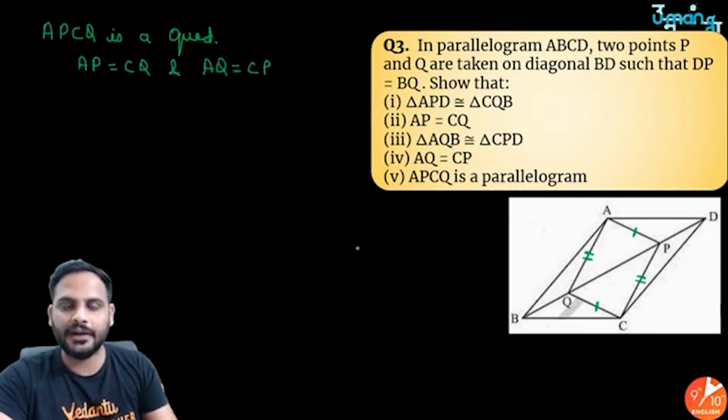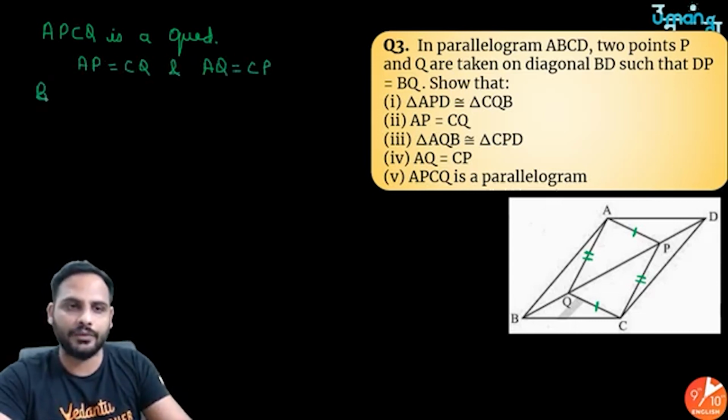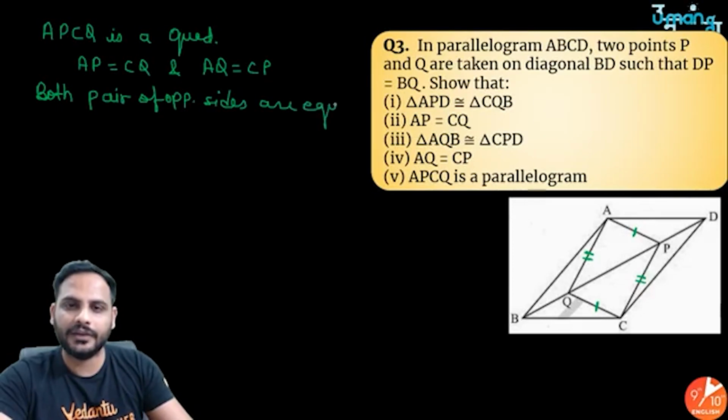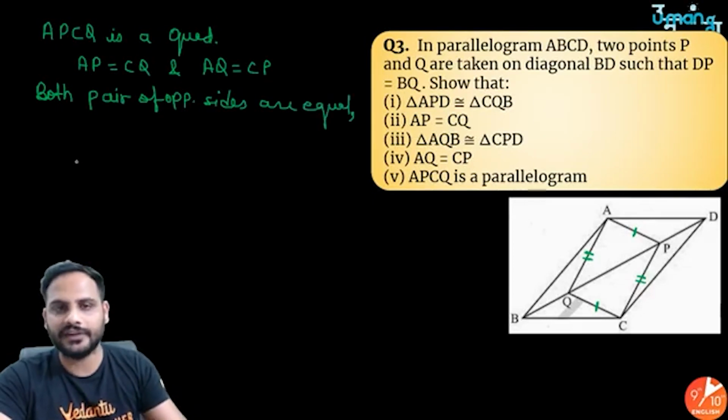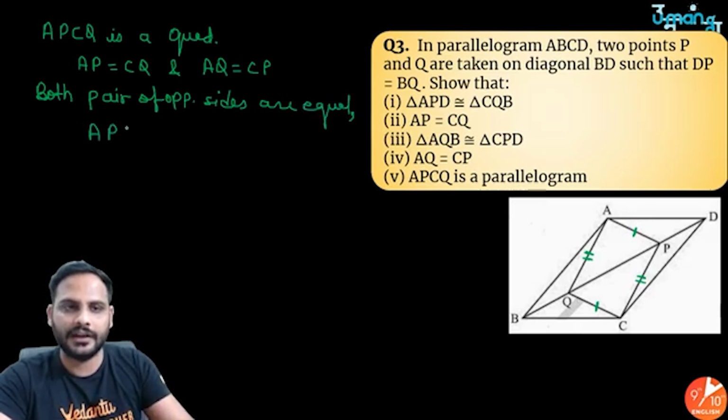So both pairs of opposite sides are equal. Since both pairs of opposite sides are equal, we can clearly say APCQ is a parallelogram.